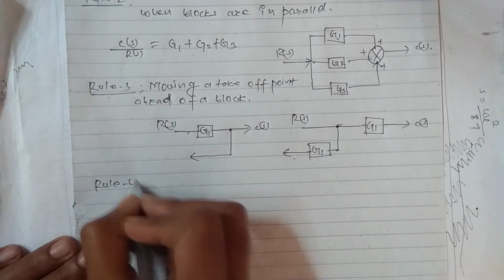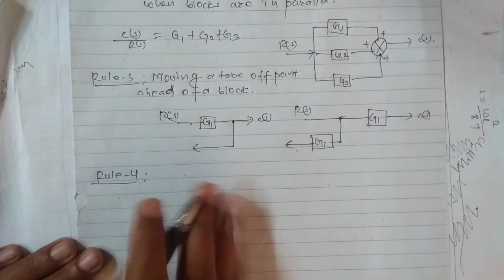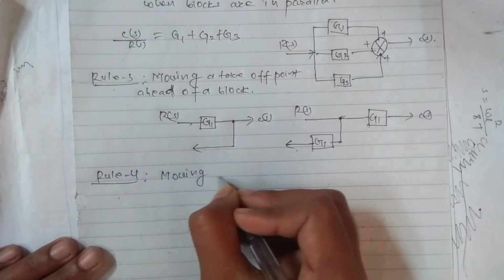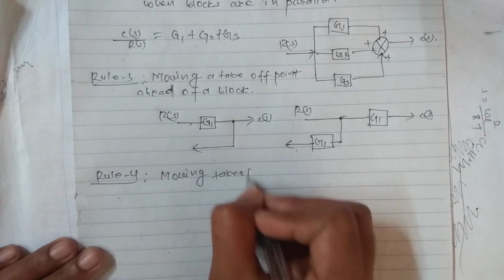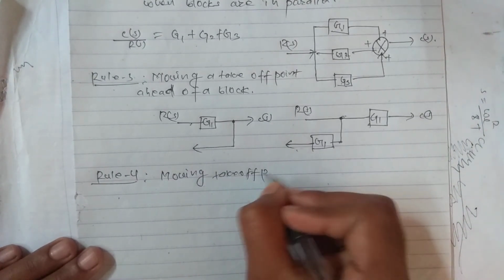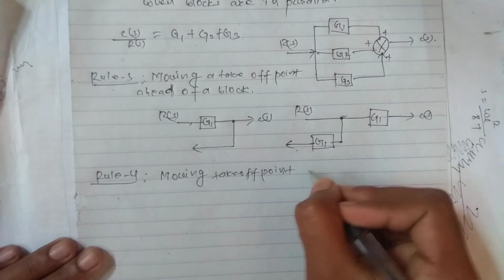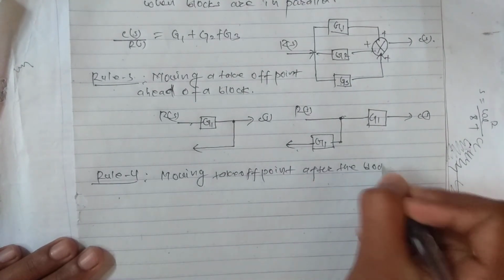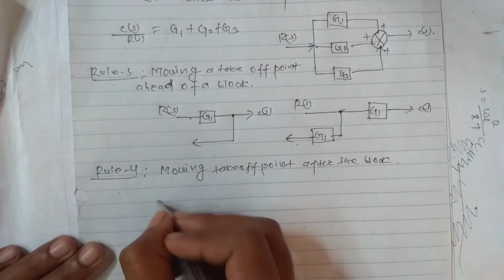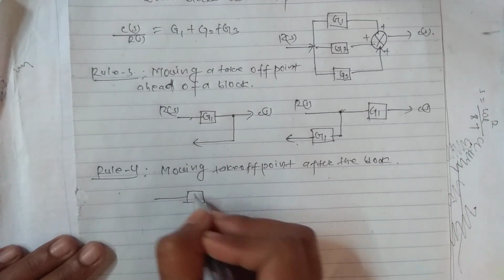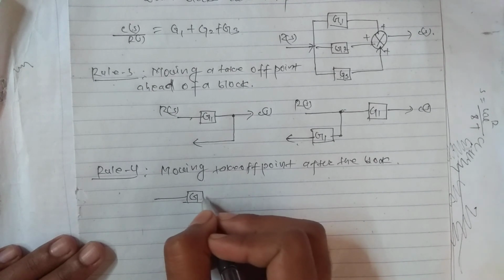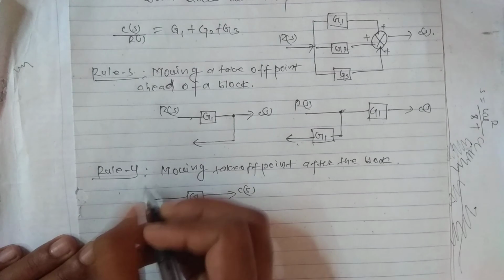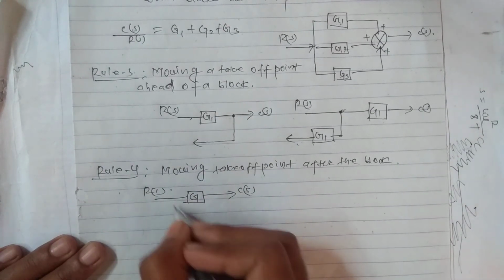And we have rule 4, moving a takeoff point after the block. Here we have G, and here we have C(S) and R(S).